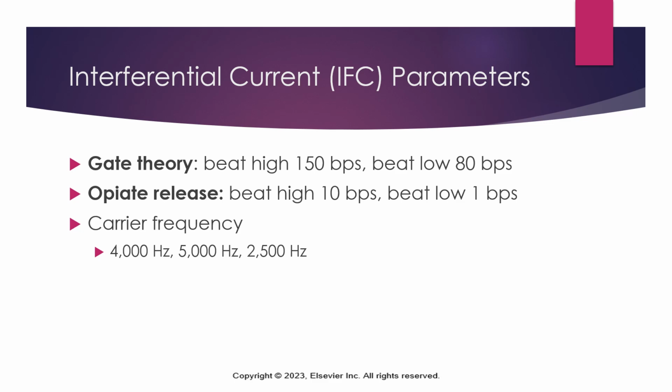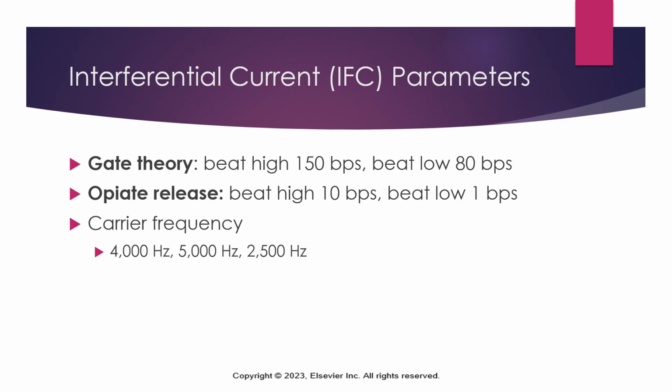But the carrier frequency: basically, the higher the frequency, the less skin resistance we get, which allows the current to penetrate deeper into the tissues with less discomfort compared to lower frequency stimulations. So typical frequencies that you will see are 4,000, 5,000, and 2,500.